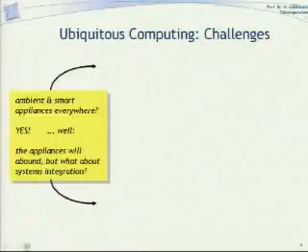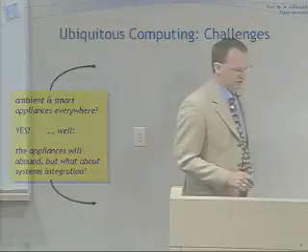Now, as I promised, just a few minutes on what are the challenges in ubiquitous computing. And we see a focus on smart everything these days: smart badges, smart labels, smart rooms, smart spaces, smart logistics, smart places, and so on and so on.